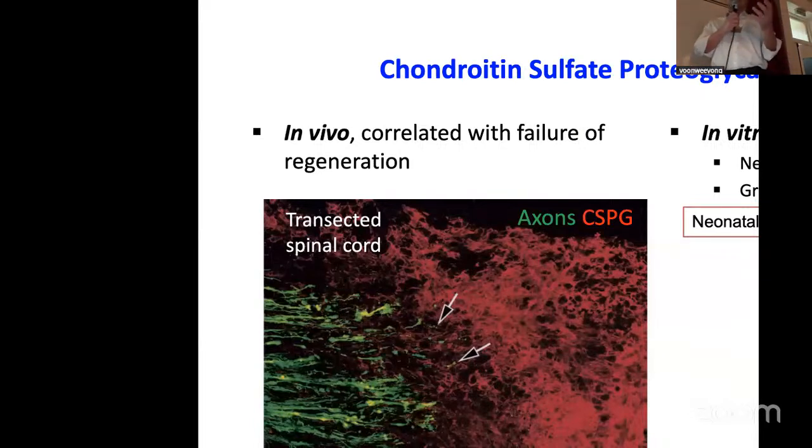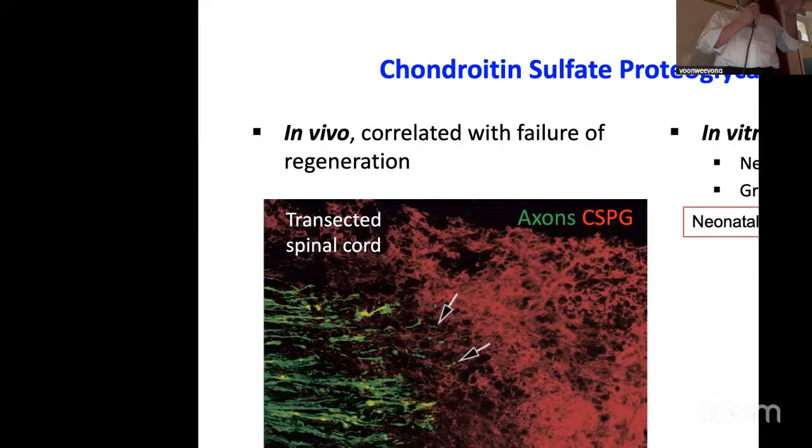The chondroitin sulfate proteoglycans, or CSPGs, have been known in the central nervous system for many years now. Although they are normal constituents, they accumulate at regions of injury. And very popularly known is this collection of CSPG in red around a lesion of traumatic spinal cord injury.